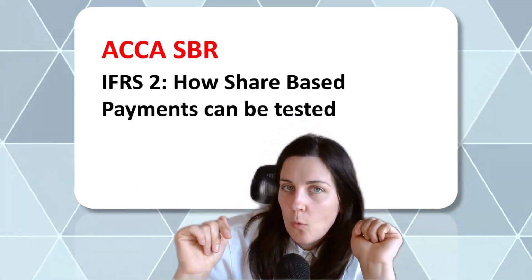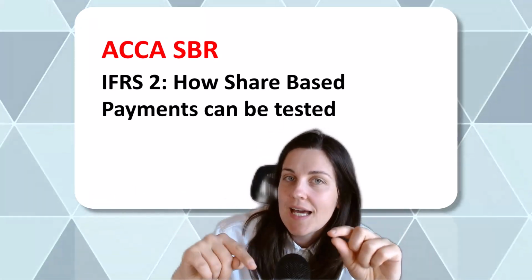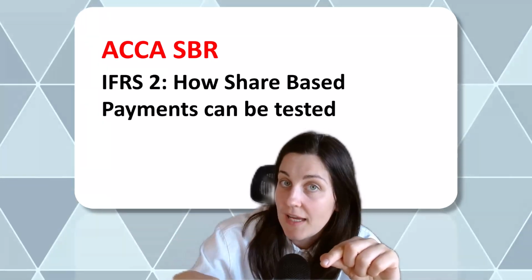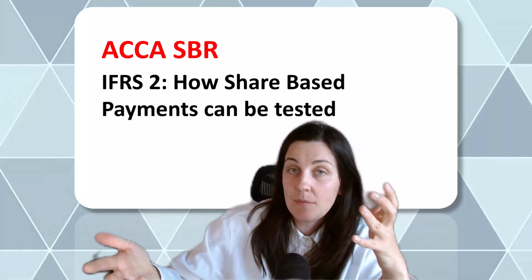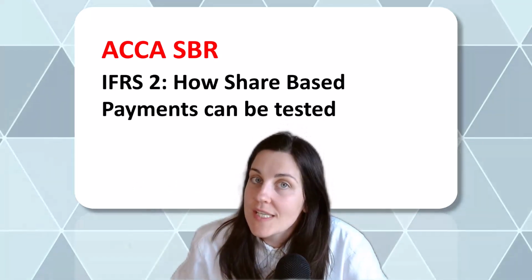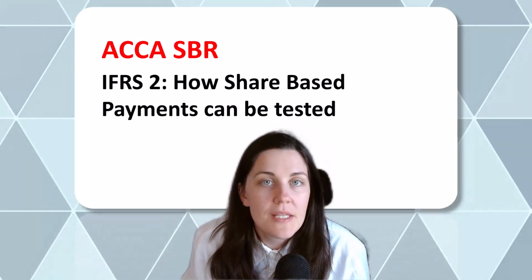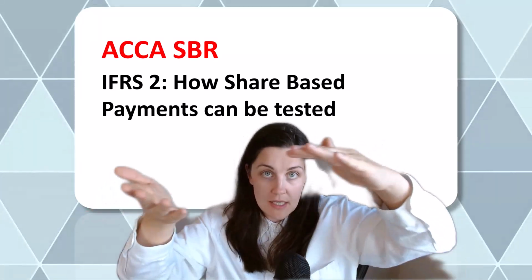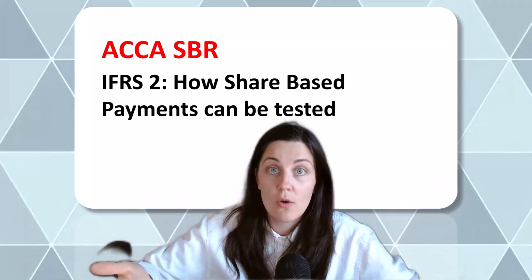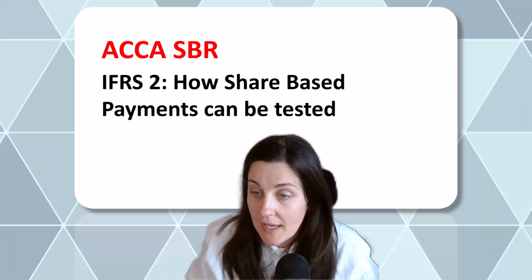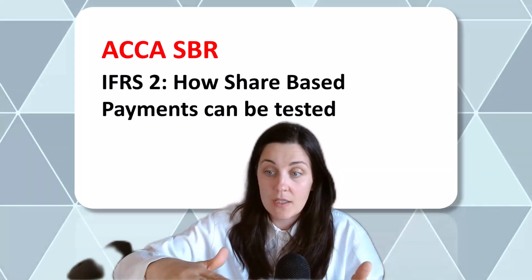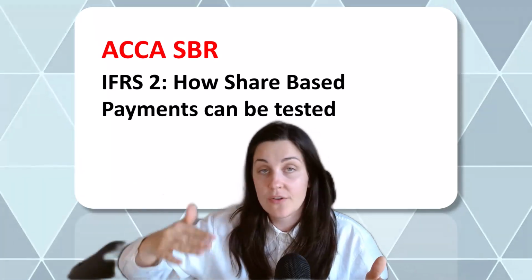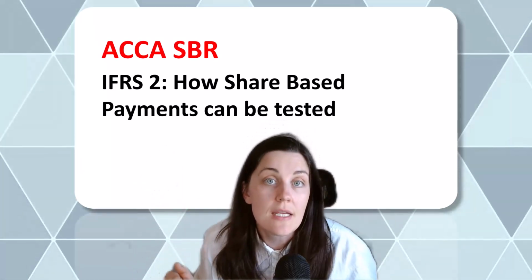But what you should be aware of is that the examiner may ask you to calculate the P&L effect of the payments of the share option scheme after the vesting period is reached. So what can happen is that, let's say, employees can come to the company and ask to be paid, and it can happen within the period from, let's say, 1st of January 2025 up until 31st of December 2026.